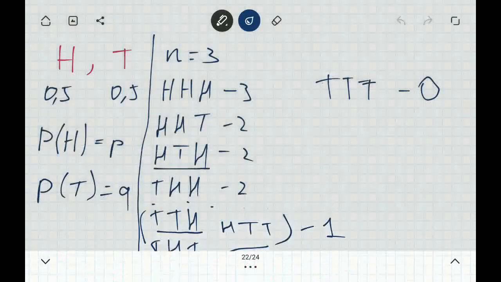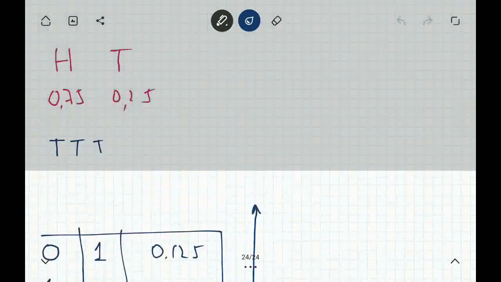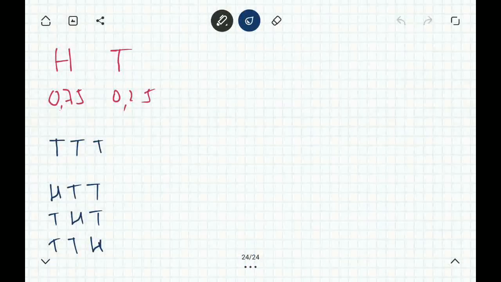But now here it's different. So probability for this, for example, is 0.25 cubed. Well, in fact, this is 1/4 and this is 3/4, and let's write it here somewhere. So P is 3/4 and Q is 1/4.